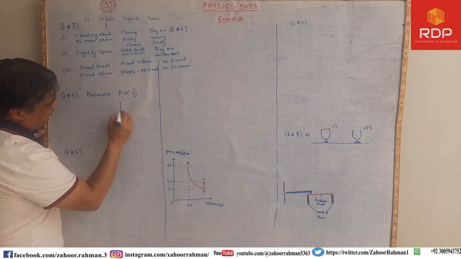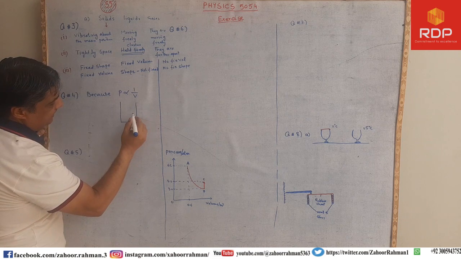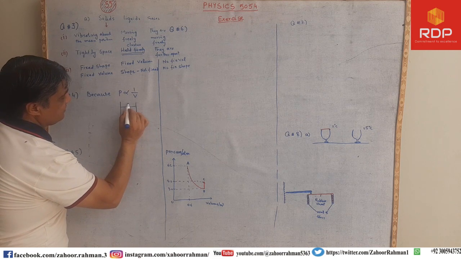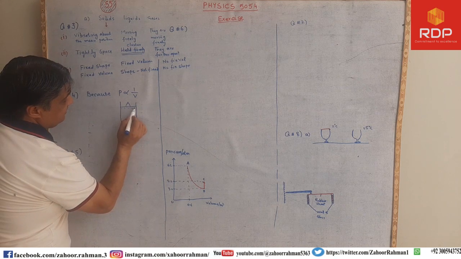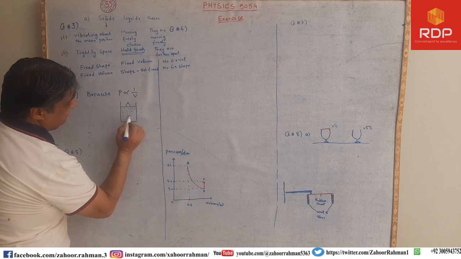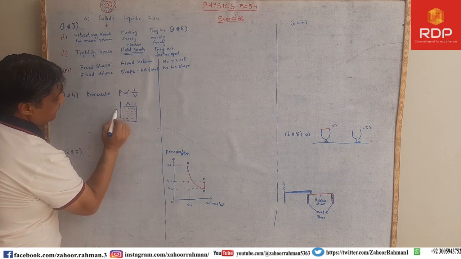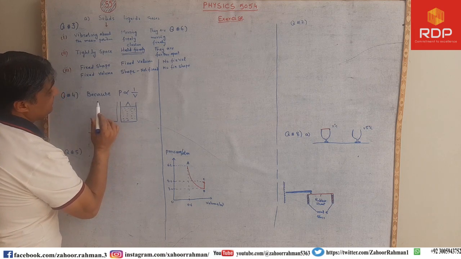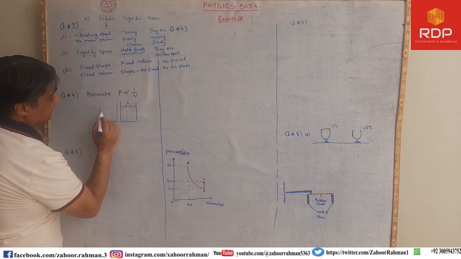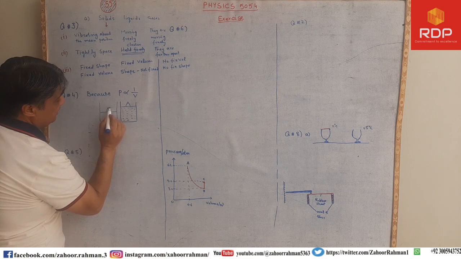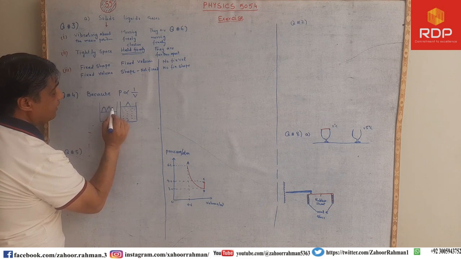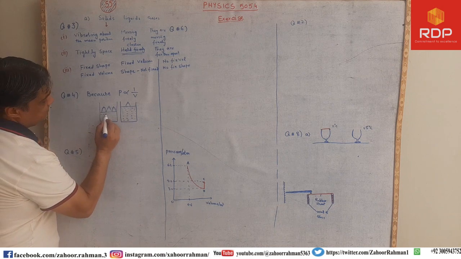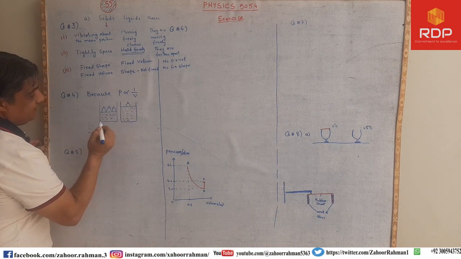I gave you an example that if there is a container with a piston above it, and the gas is inside that container, and we increase the pressure, for example by putting three weights on it, the volume will decrease.